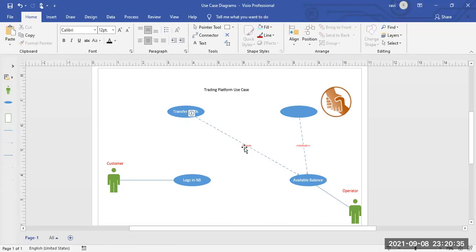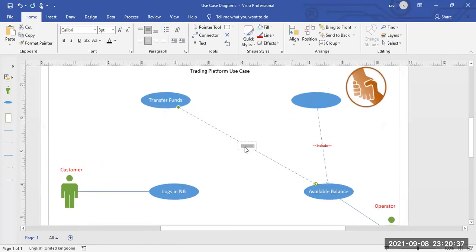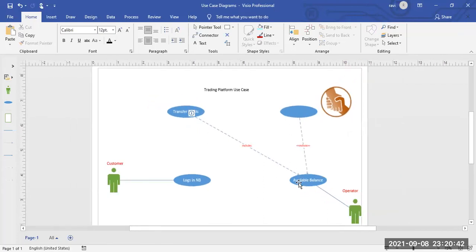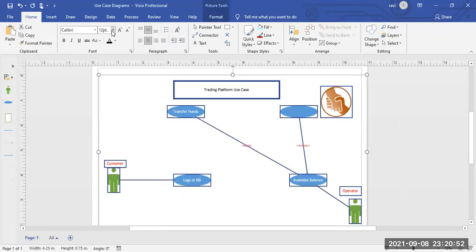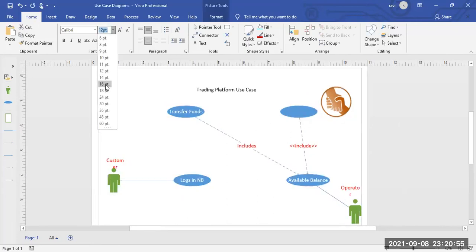We need to check, right? It should be included, right? Because every time we transfer funds, the available balance use case should be executed, correct? Yes. Is it making sense?